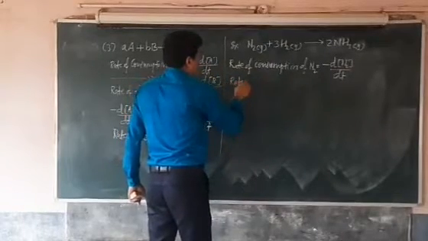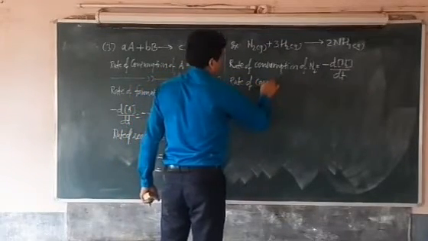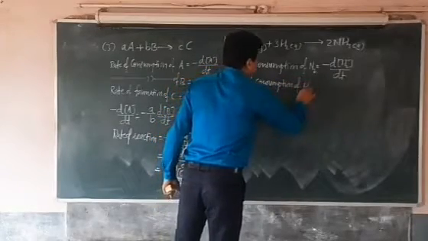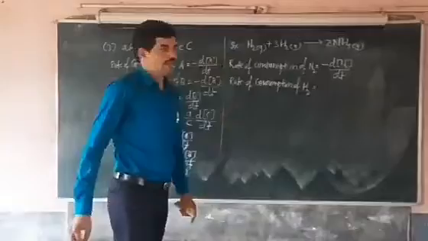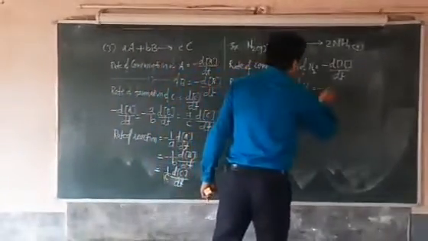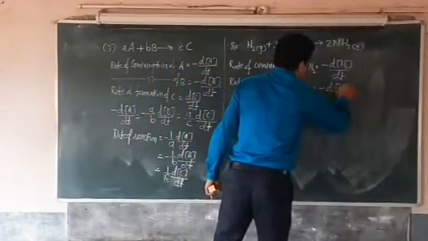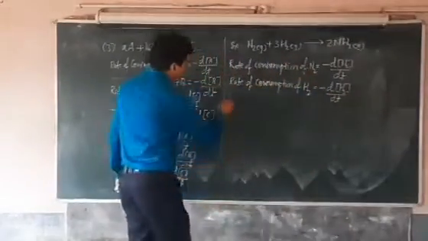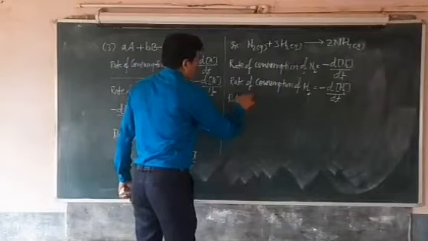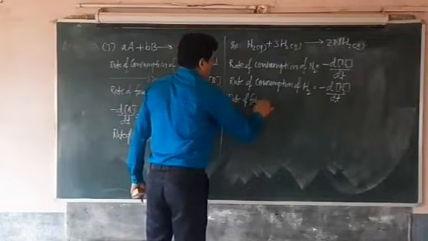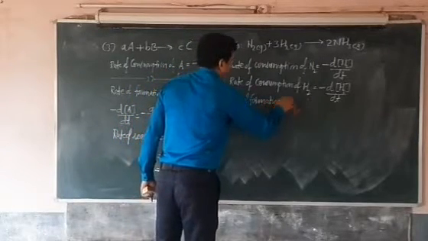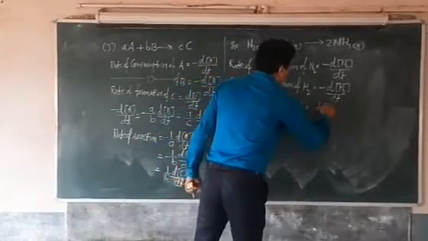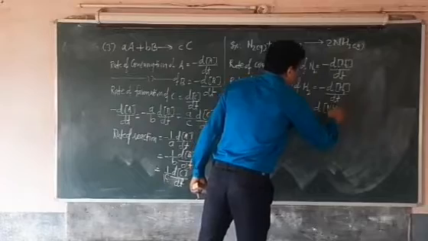Rate of consumption of H2 will be equal to minus dH2 by dt, and the rate of formation of NH3 will be dNH3 by dt.